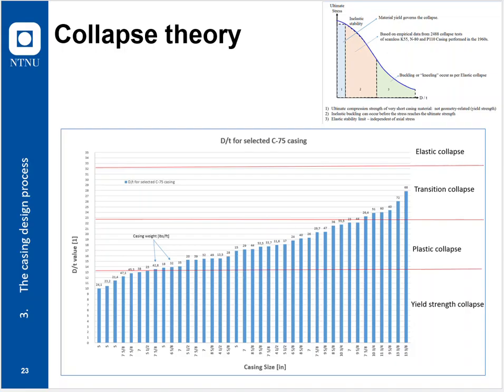Meaning, the blue column governed only by the material strength. We see that in the bottom here, and there are only a few pipes in this category. We have a 7-inch 38 pound per foot. That is very close to the limit between yield strength collapse and what we call plastic collapse.